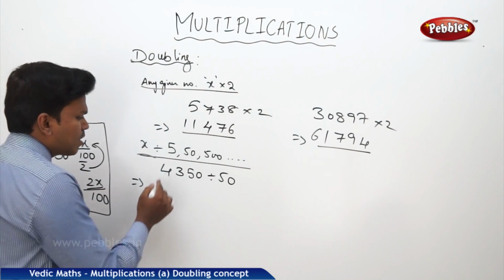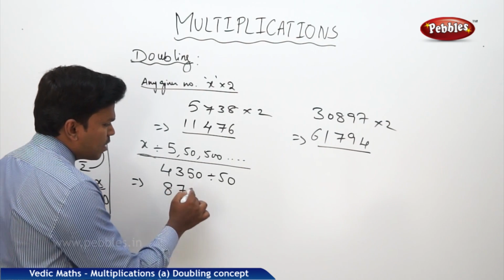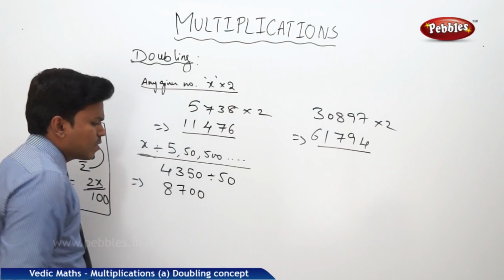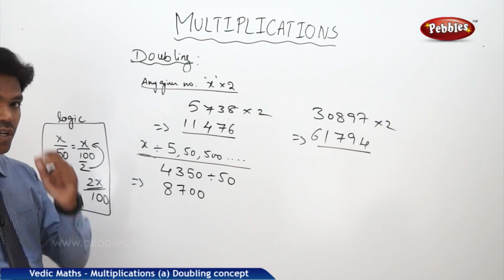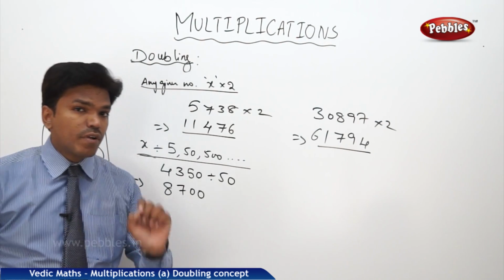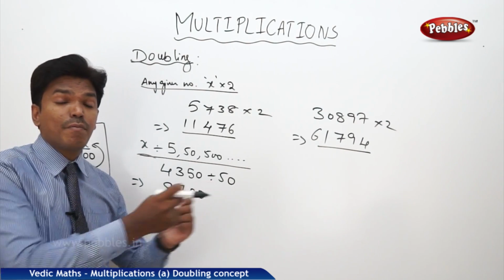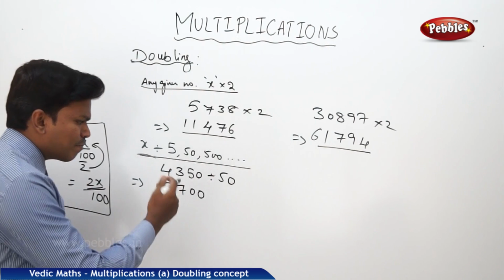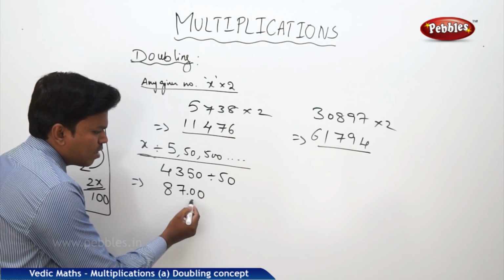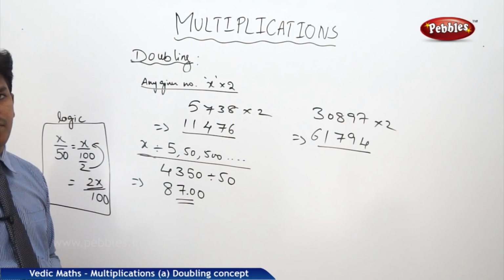What is the double of this one? 8700. Yes or no? Now after doubling the number, simply put a decimal point after 2 digits from right. So this will be your answer.